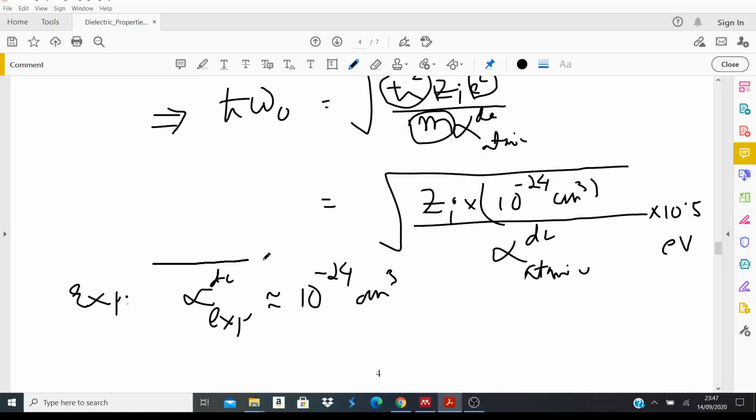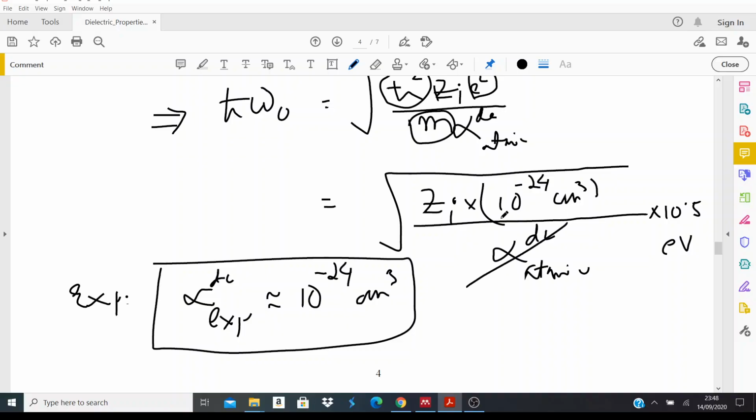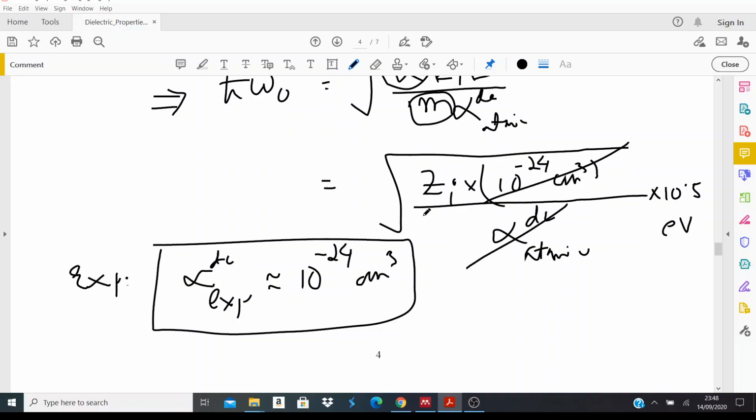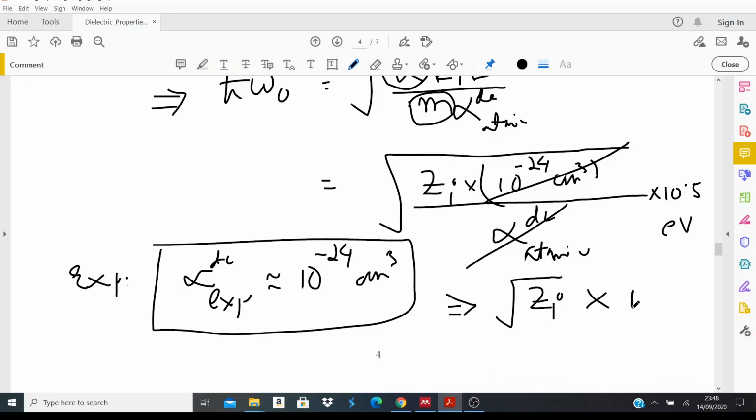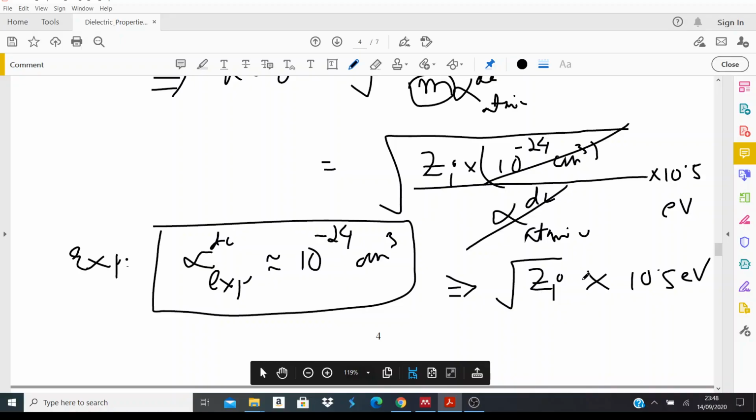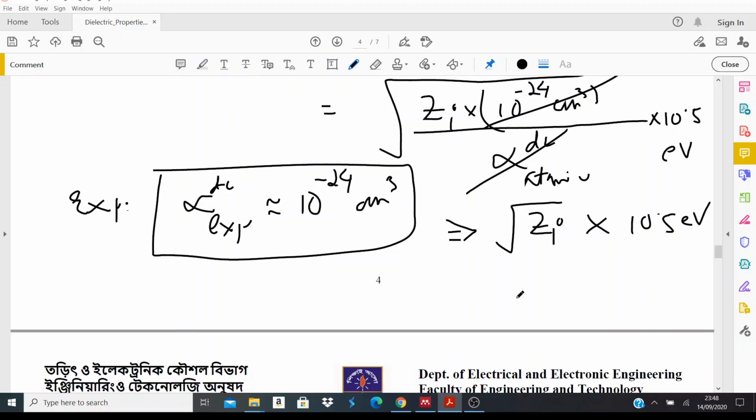That's why when you put this value, this and this part get cancelled, and then we have the estimation of the energy as root over Z_i times 10.5 eV. And you have different atoms, you know the number of electrons in that atom. So depending on your material, you can put the values of Z_i and you can estimate the energy from this simple expression.